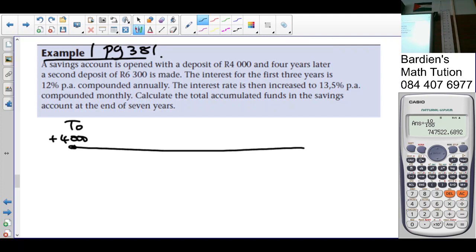So they'll take it to T4, which is 6,300. The interest for the first 3 years is 12% per annum compounded annually. So do that entry.